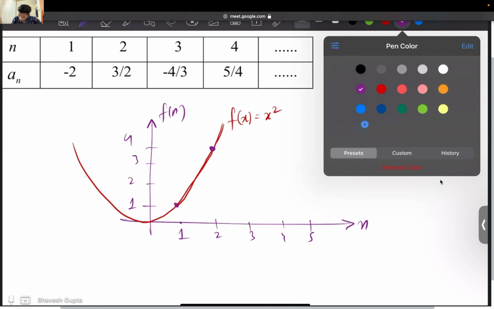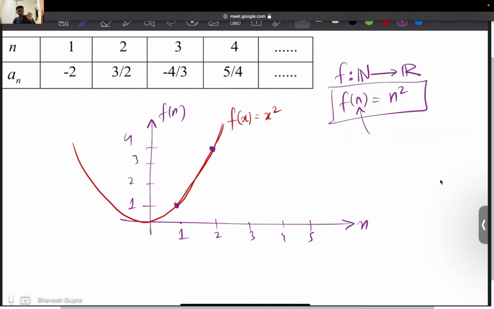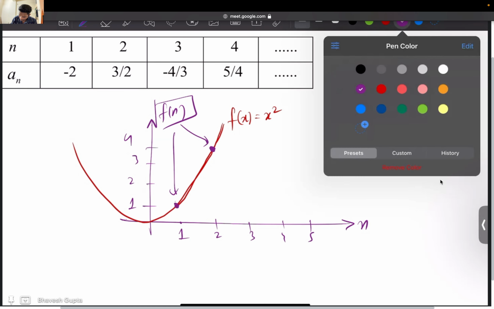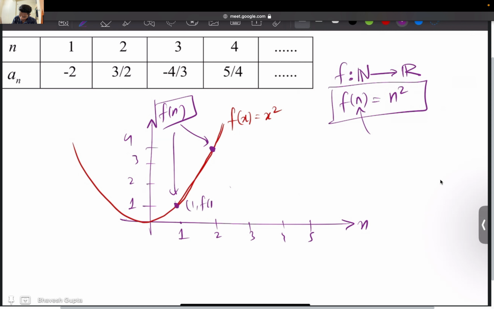These purple dots actually belong to this f(n), but not the whole red line. The red line represents some continuous function. When you try to fit a curve to the points generated by 1 comma f(1), 2 comma f(2), and join them, you'll see that the fitted curve is actually x squared.